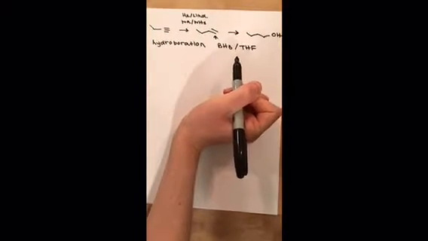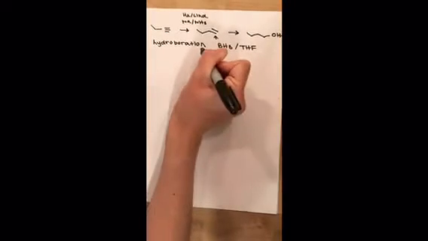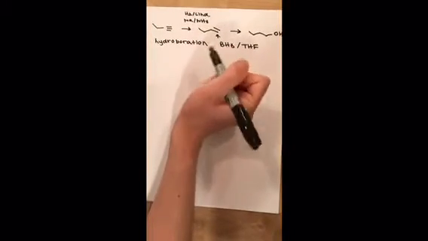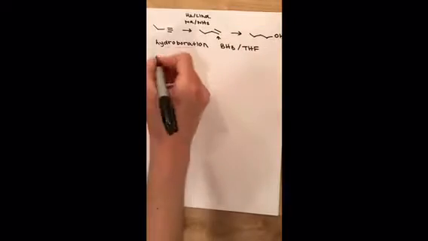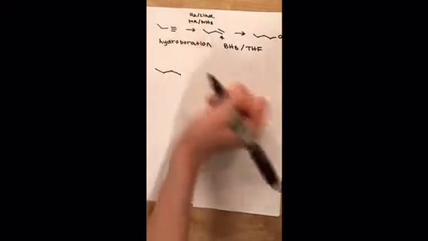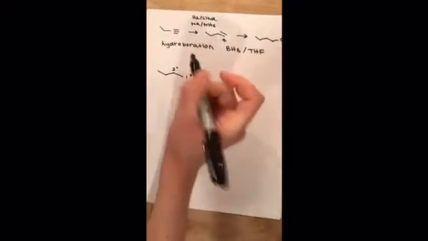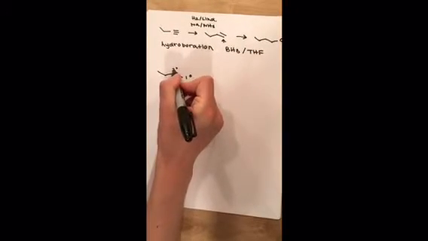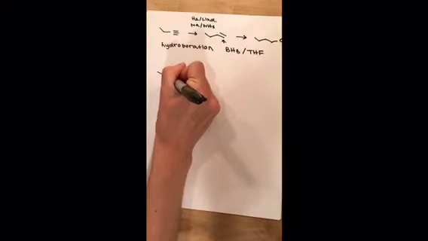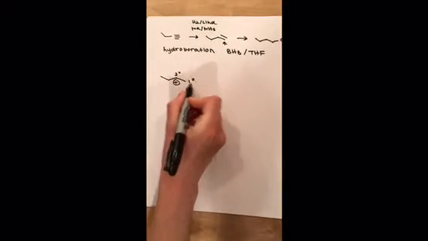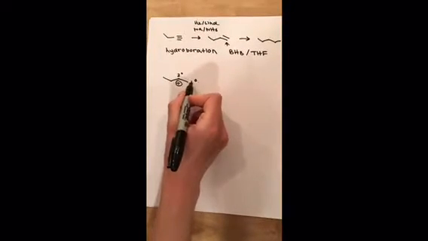So if I was explaining this to a student, I would want to walk through the mechanism of hydroboration. So this alkene here, we have a secondary carbon and we also have a primary carbon. This secondary carbon is more stable, carrying a positive charge than the primary carbon.